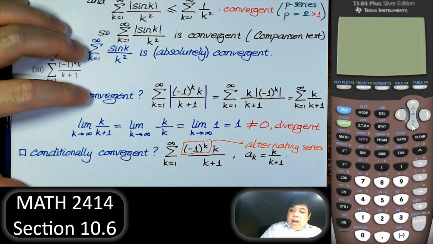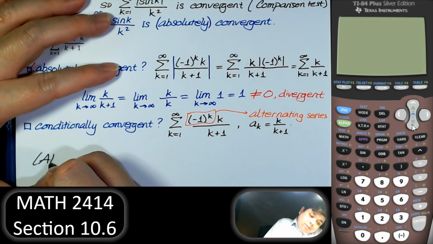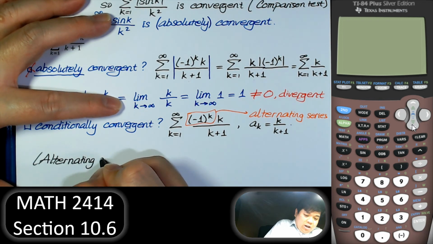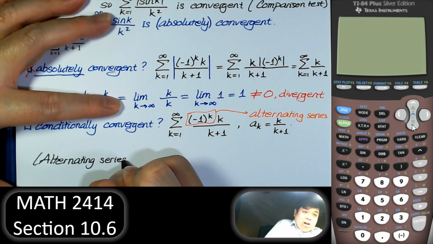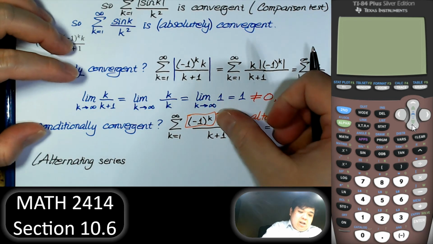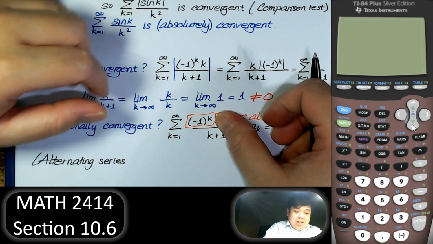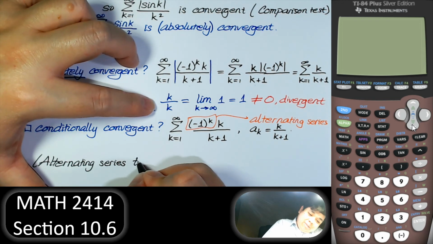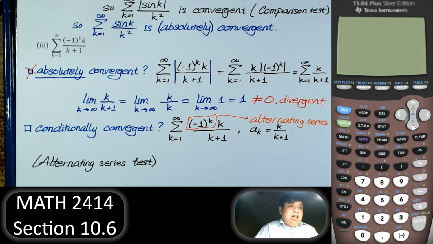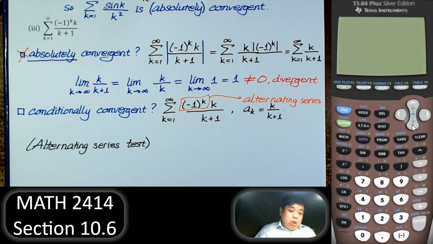Right, alternating series test. The alternating series test is one of the more popular ones because we know for sure if it is an alternating series or not, where we have the negative 1 raised to some power that changes between even and odd.